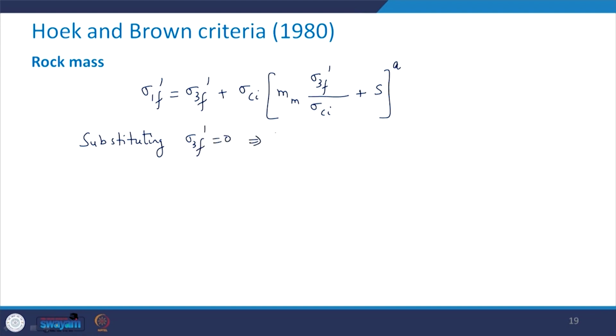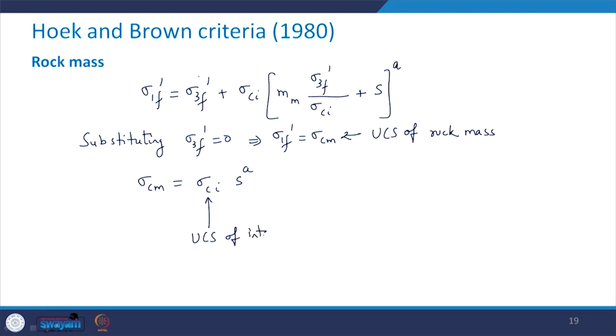So, what we are going to get is sigma 1 f prime will be sigma Cm, which is UCS of the rock mass. This term will become equal to 0 and this term will also become equal to 0. So, ultimately you are going to get sigma Ci S to the power A, and we know this sigma Ci is UCS of the intact rock.